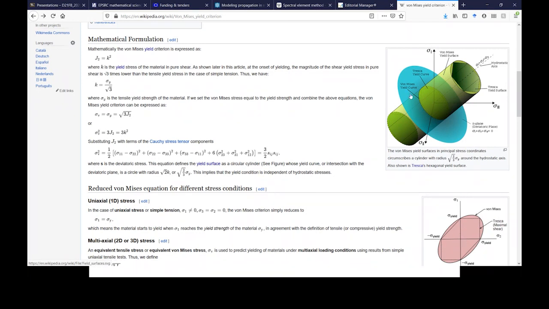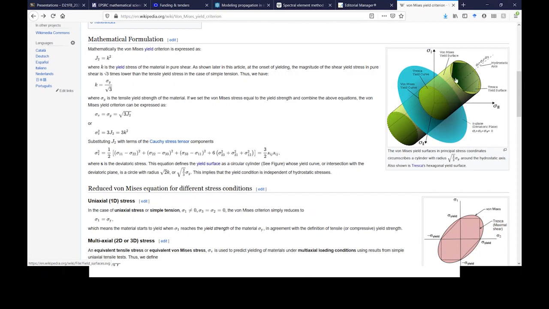But if you look at the entire thing in 3 dimensions, so you have sigma 1, sigma 2, and sigma 3, you have this happening along the 3 axes, then in this case, this is going to be the green cylinder. So the green cylinder is the yield surface for von Mises, and the prism inside is the Tresca one.